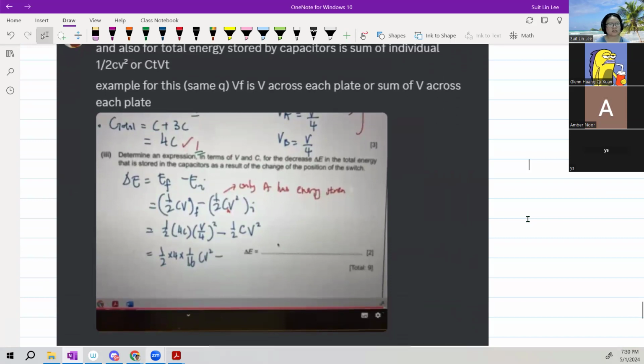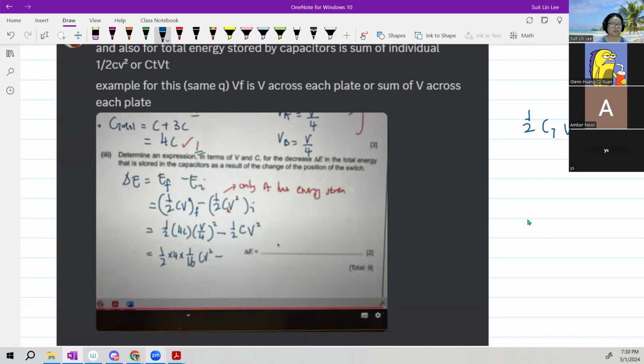Total energy stored is the sum of the individual half CV squared, or C_T V_T. Why is energy C_T V_T? Wouldn't energy also be half total capacitance times total potential difference squared?